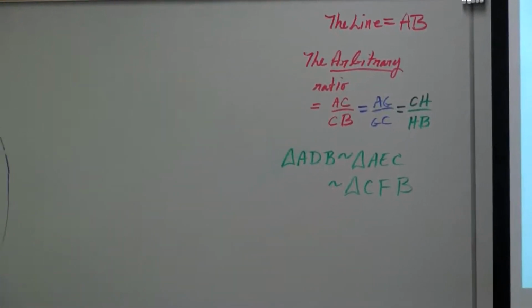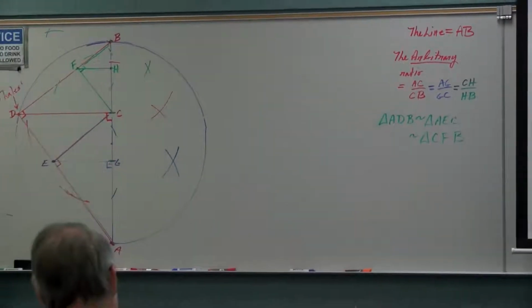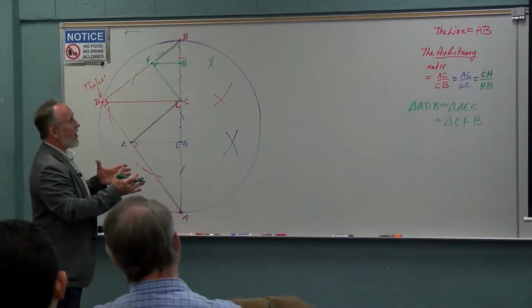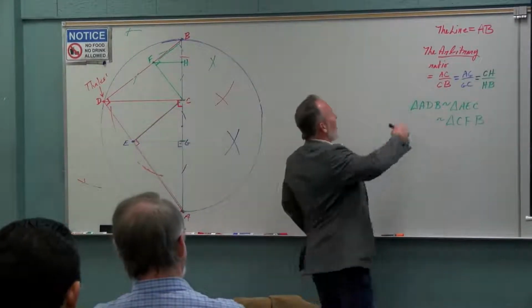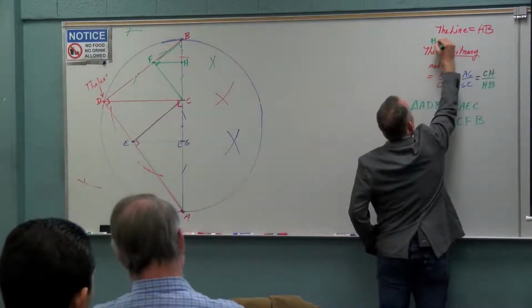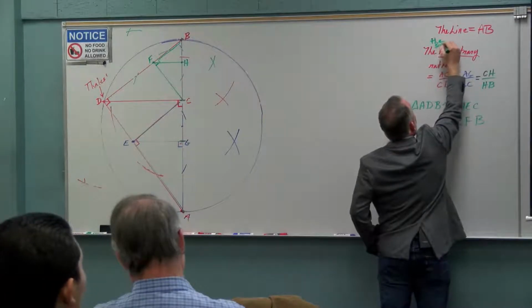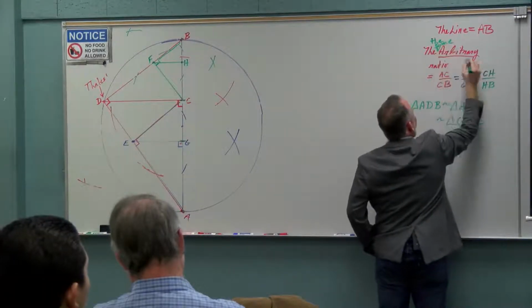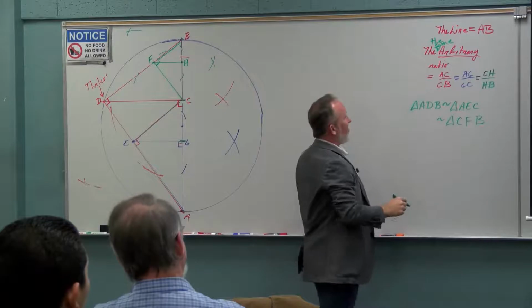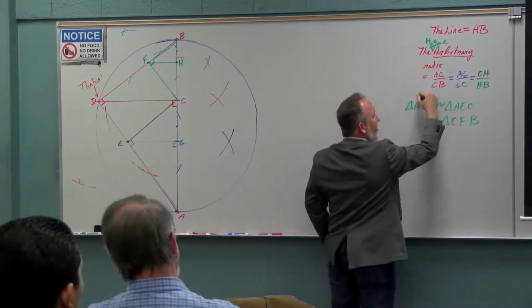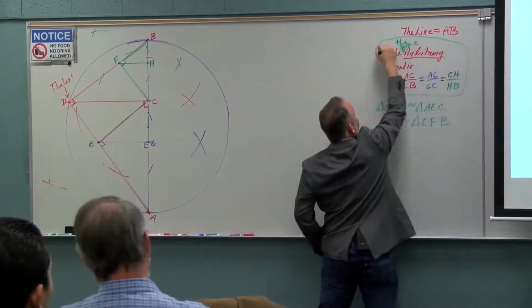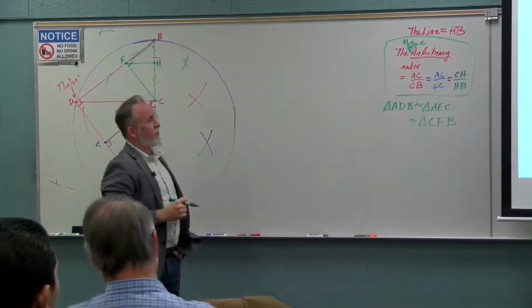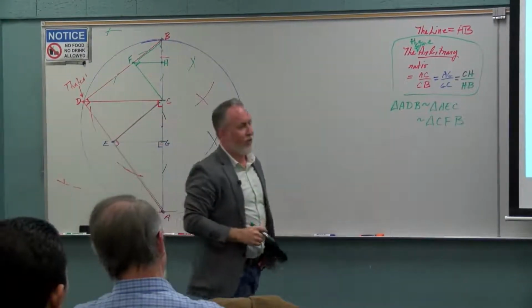I constructed them that way. And because of the properties of similar triangles, we know that we have the same arbitrary ratio here, just as we were instructed to do.